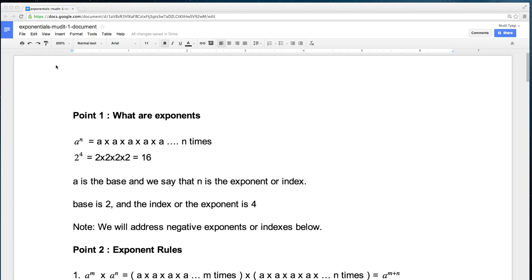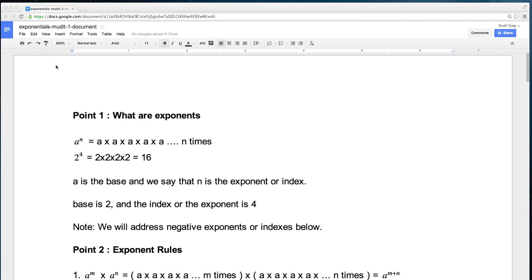Another way of saying that is you multiply a by a, and you keep doing that n times. So for example, if you've got 2 to the 4, you would do 2 times 2 times 2 times 2, which happens to be 16.